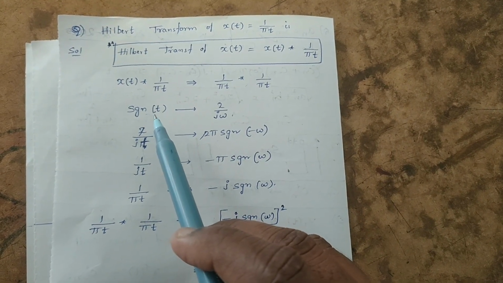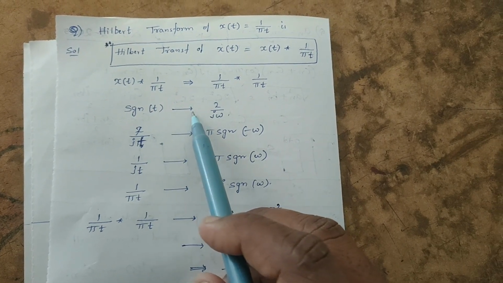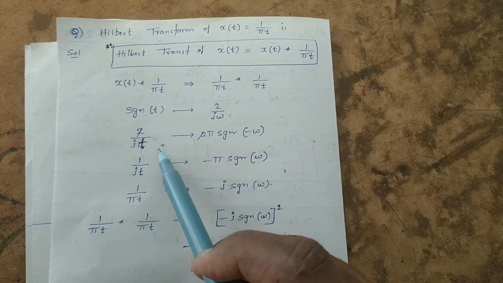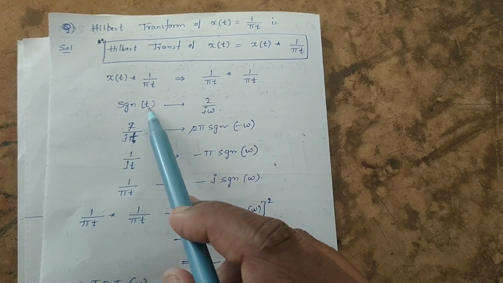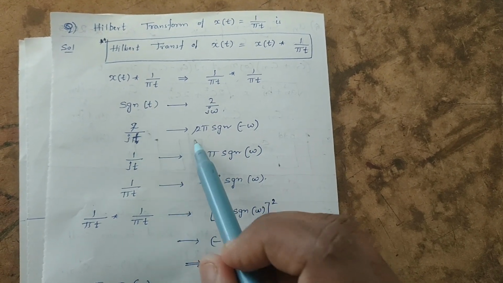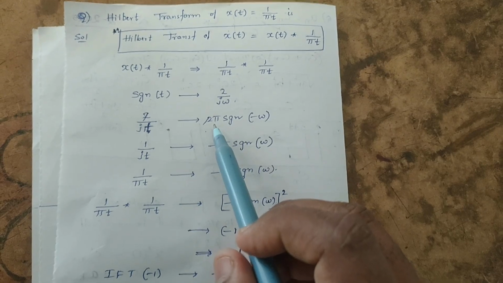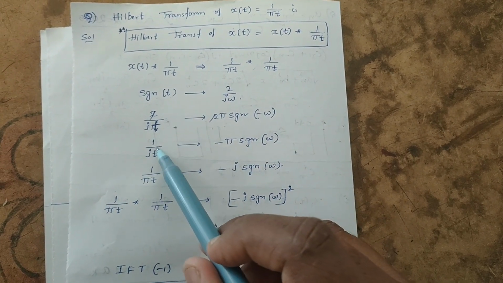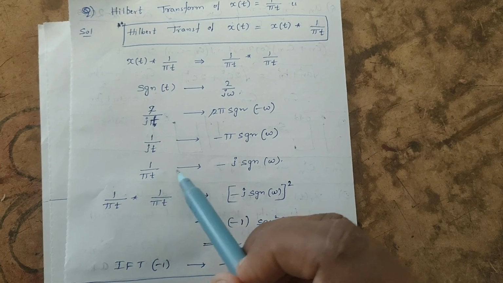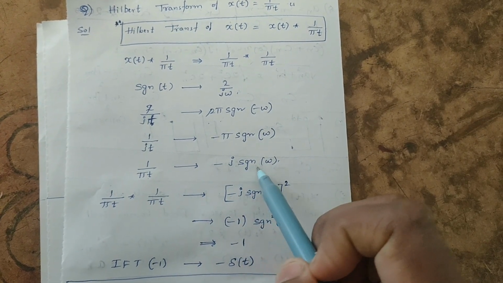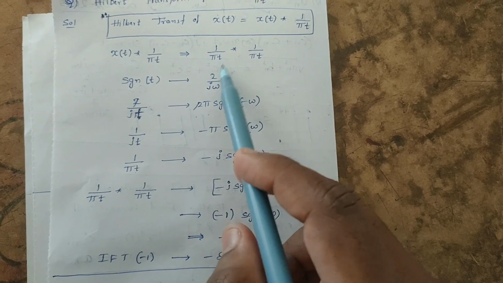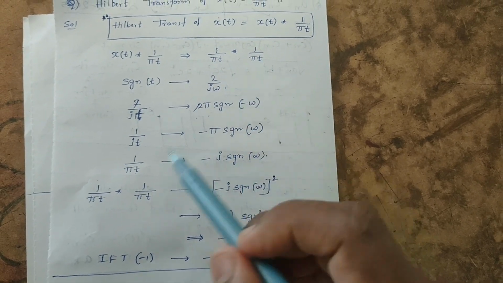According to the Fourier transform, signum t we can write it as 2 by j omega. If we replace this omega by t, we will replace this t by minus omega and we will multiply with 2 pi. So you will get it as 2 pi of signum of minus omega. By doing this, you will get 1 by pi t is minus j into signum of omega. But here we want 1 by pi t convolved with 1 by pi t.